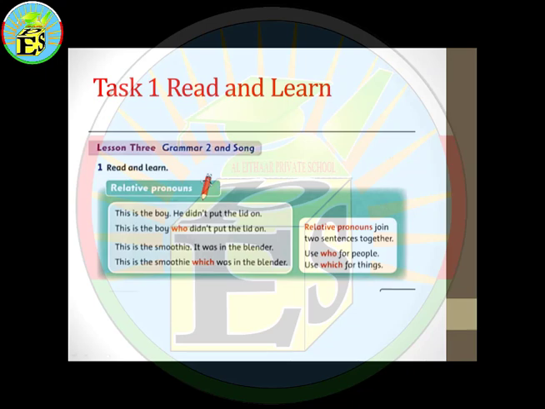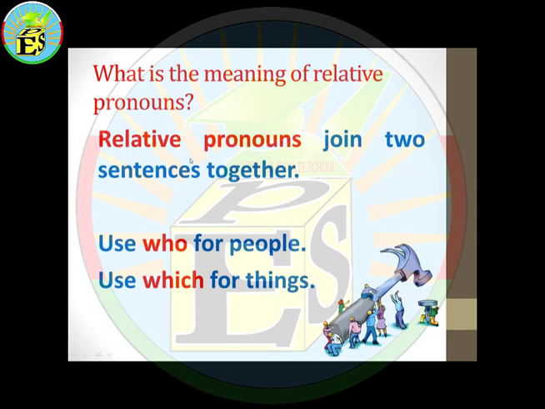Now let's move to the second slide, and here we have a question. What is the meaning of relative pronouns? The same thing as we read in the first task. Relative pronouns join two sentences together, and as we said, we use who for people and we use which for things.